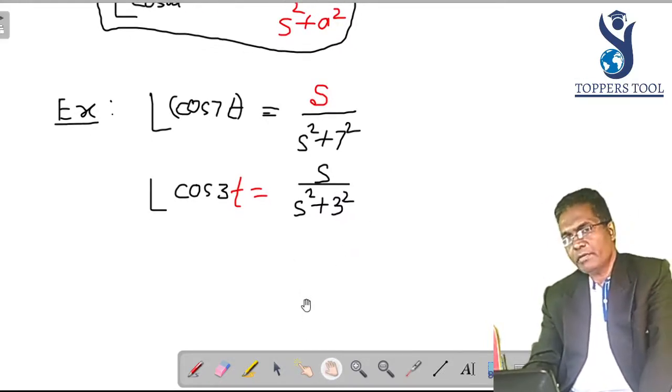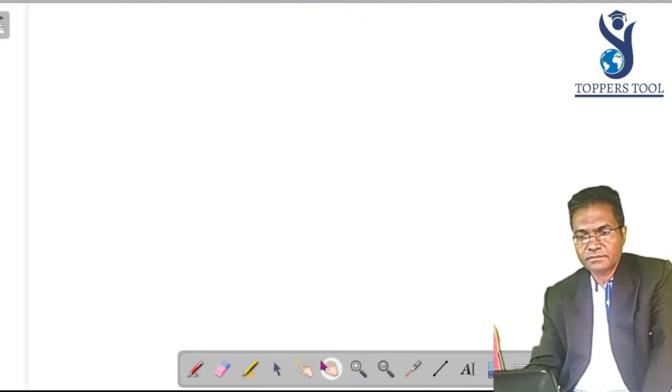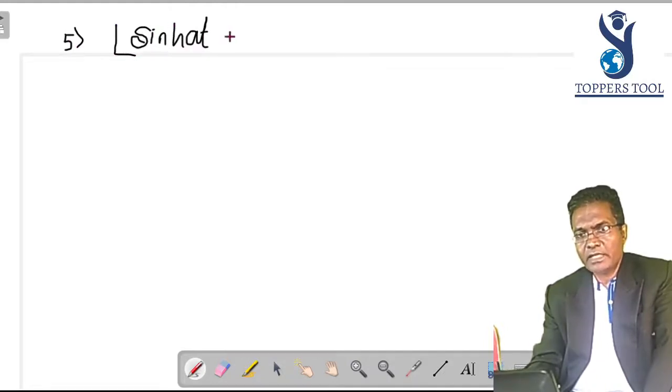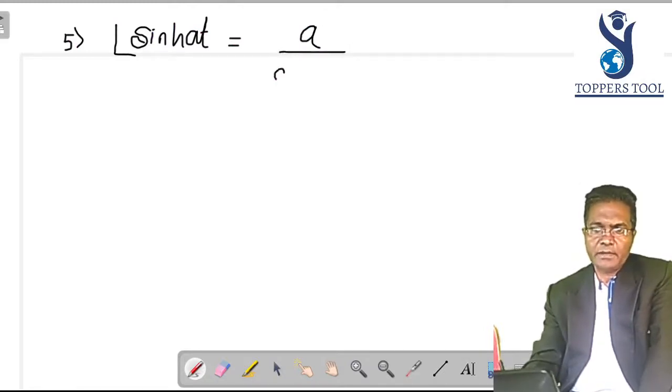Similarly, we will be having the hyperbolic ones. Let's do those. L of sine hyperbolic at is a by s square minus a square.